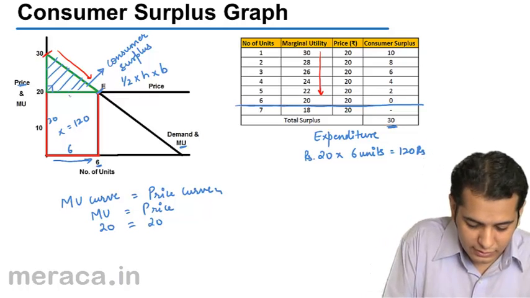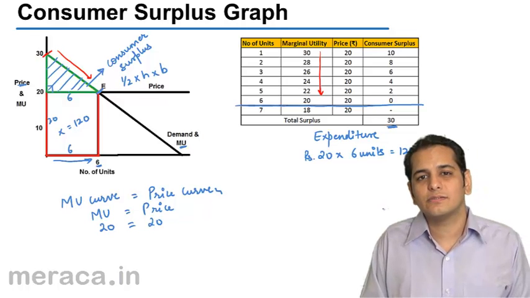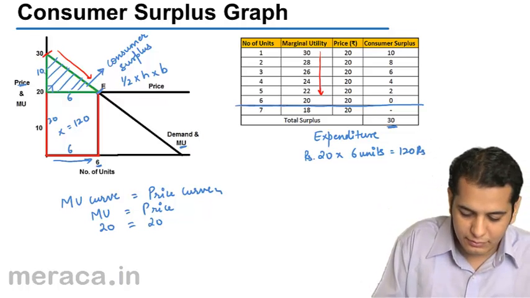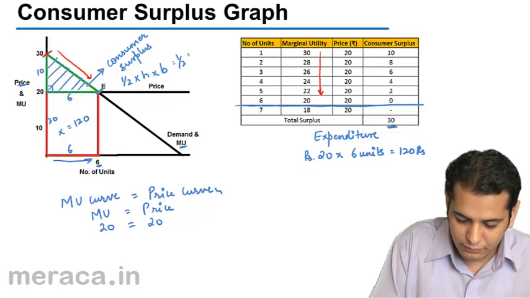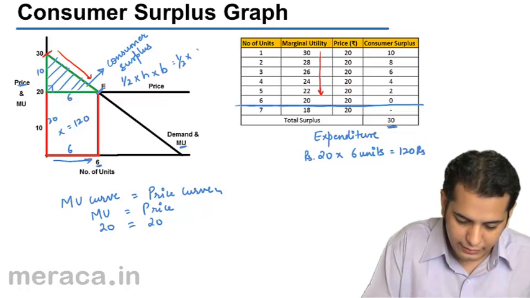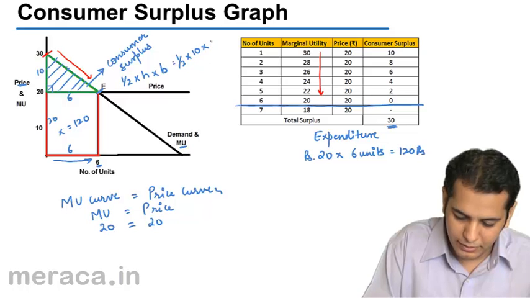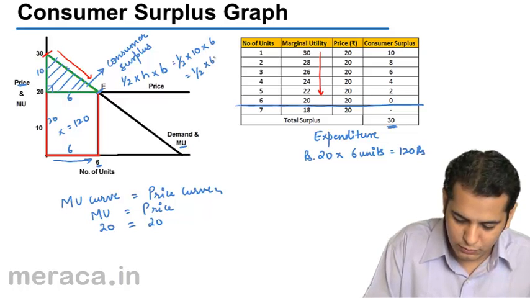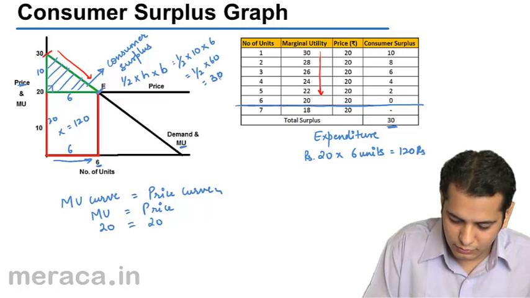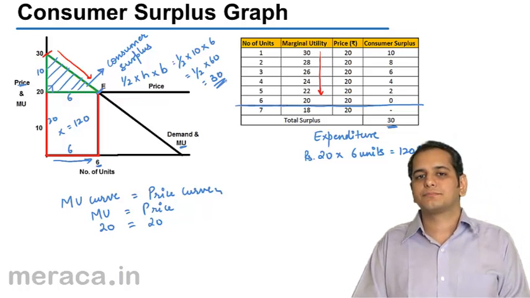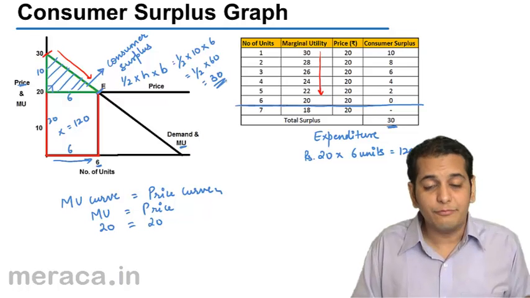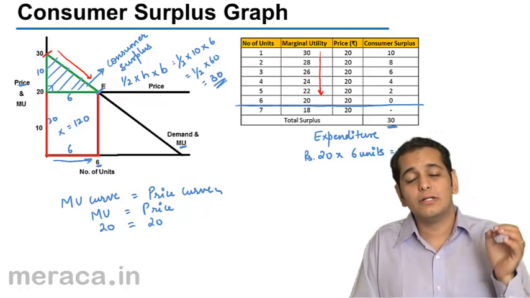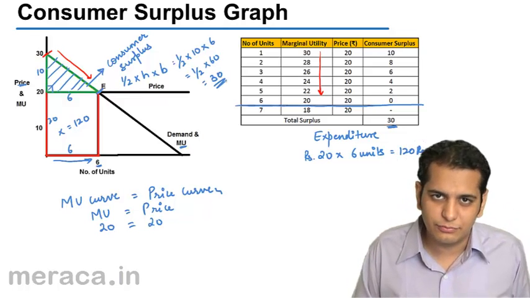Now the base here remains 6. The height here is 10. So half into height, which is 10, base is 6, equals to half into 60. This equals 30. So we have found out the consumer surplus with the help of the graph.